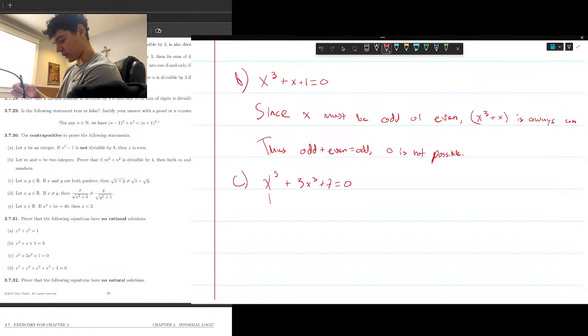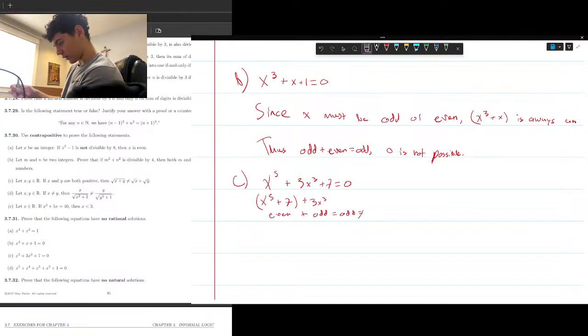So if we do x to the 5 plus 7, both odd numbers, plus an odd, this becomes even, plus odd, must equal an odd, but it's equal to 0.